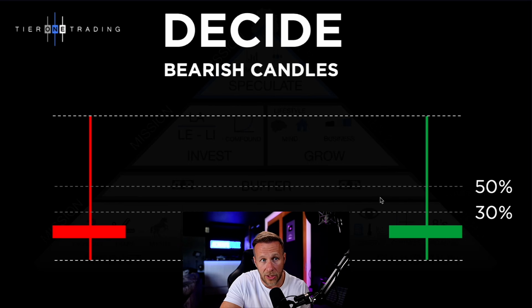We also want to make sure, and we can use the Fibonacci tool, as I showed you in the last video, how to measure using Fibonacci tools. You can set up your Fibonacci tool to have a 30% measure on there, 50% measure. Some people like 50, some people like 33.3 as in a third. I like to be below the 30%. Okay, so open and close in the lower 30% of the entire candle body.